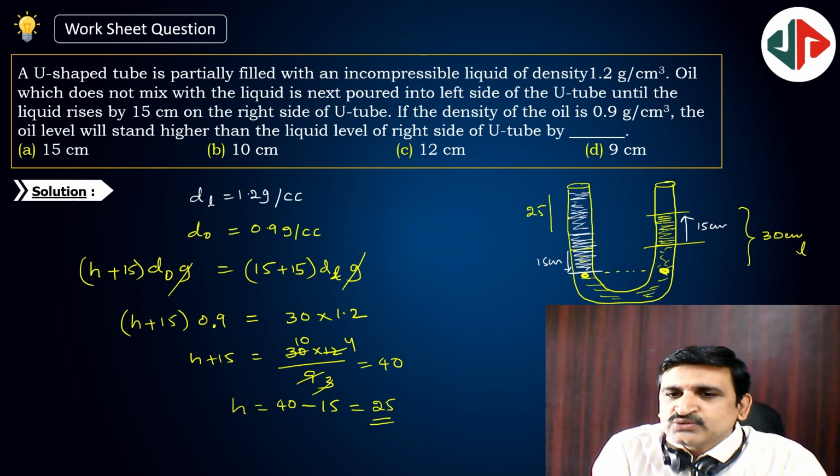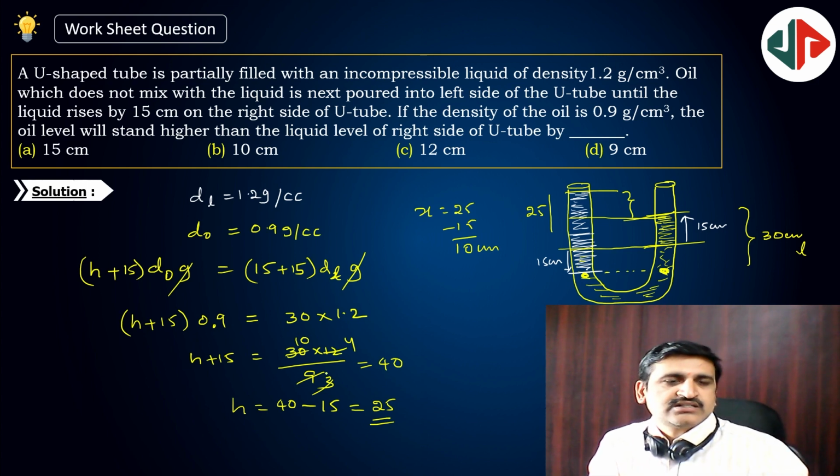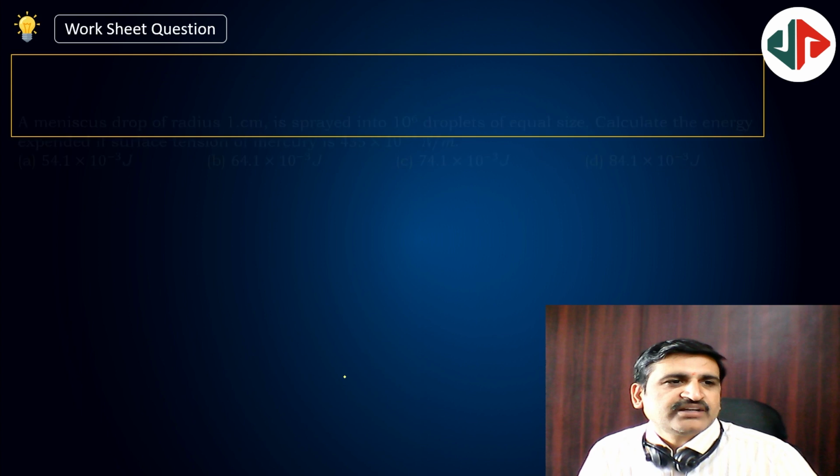And these two columns are differed by, from this point onwards, this is 25. From this point onwards it is 5. So the two columns are differed by x is equal to 25 minus 15, that is equal to 10 centimeters. So what will be the answer? B. Yes.